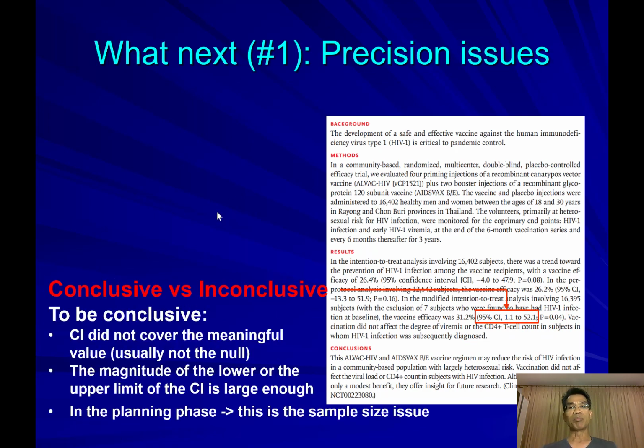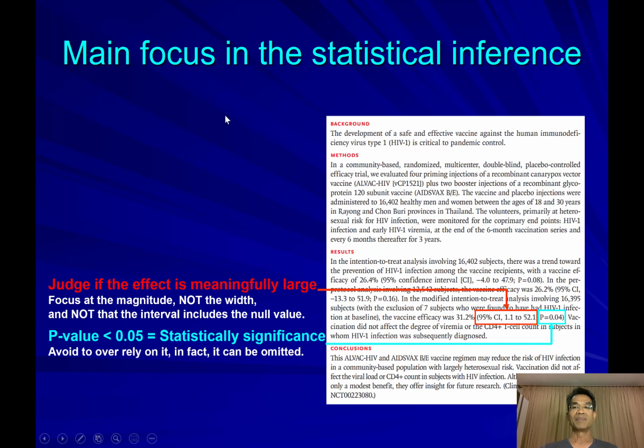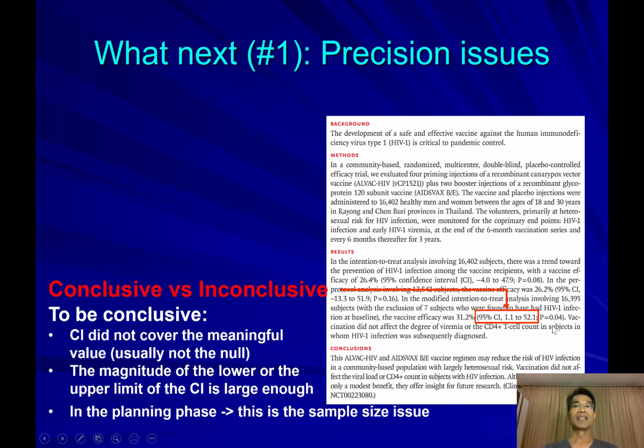But in fact, we don't know whether it works or not, according to the confidence interval here. That is why a paper that presents only the p-value tends to be misleading, and the reader cannot have any evidence to judge, to be safe. So this is the main focus, what I have already talked about in the previous episodes.